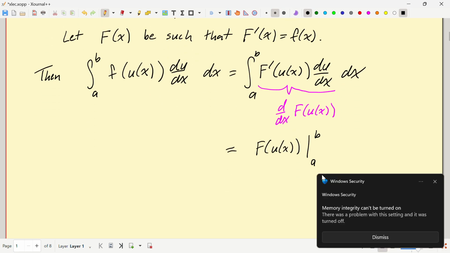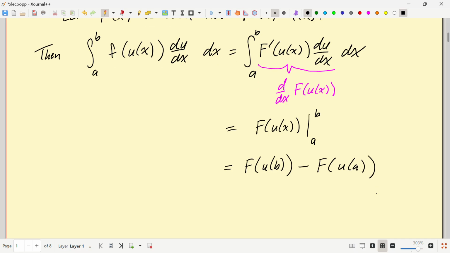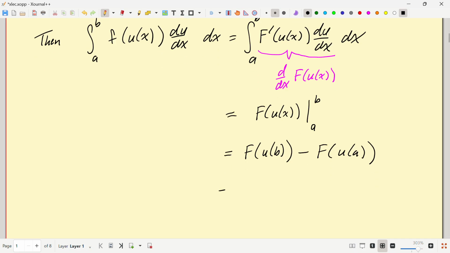So that's F of u of b minus F of u of a. And of course, that's the integral of f of u du between u of a and u of b.